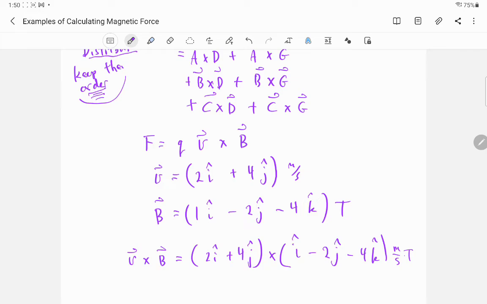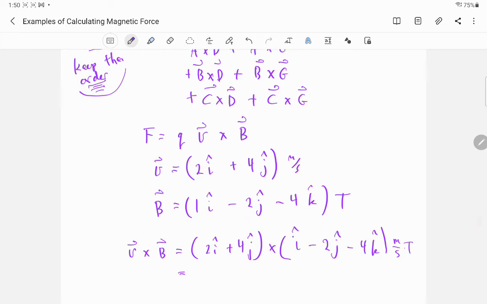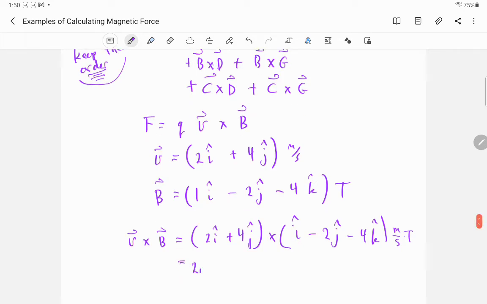So the cross product, remember you have to keep the order. So 2 i hat stays on the left, i hat stays on the right. So I've got 2 i hat cross i hat, right? And then I've got 2 times negative 2, so that's negative 4 i hat cross j hat. And then I've got negative 8, so minus 8 i hat cross k hat.